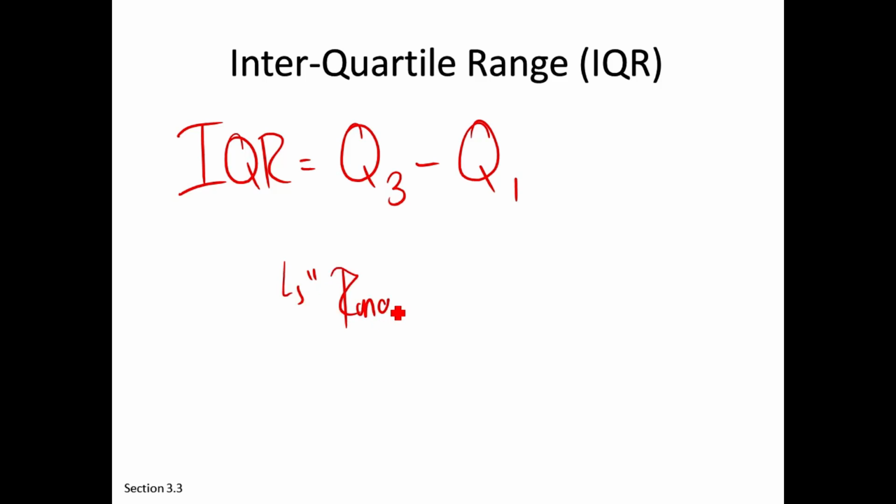It's kind of like the range of the middle 50%, which could be informative because you assume that in any distribution, the middle 50% is a pretty decent representation of the population as a whole, unless you have some weird distribution.